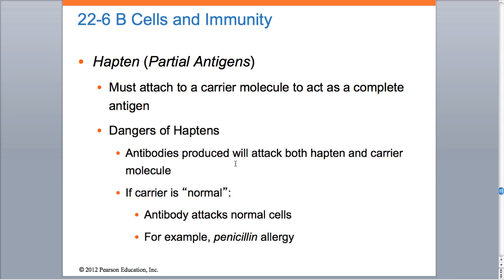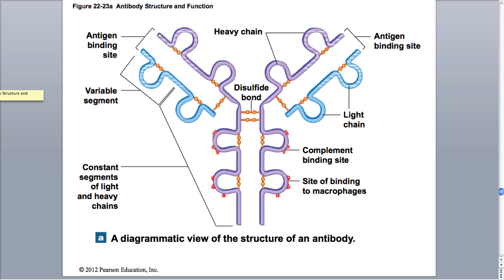I might have circles and boxes and X's, but if they're not in the same order, it's not the same antigen. So there are variations of an antigen, and that's your hapten. Some people have variations in their haptens or antigens, and they mimic something else.